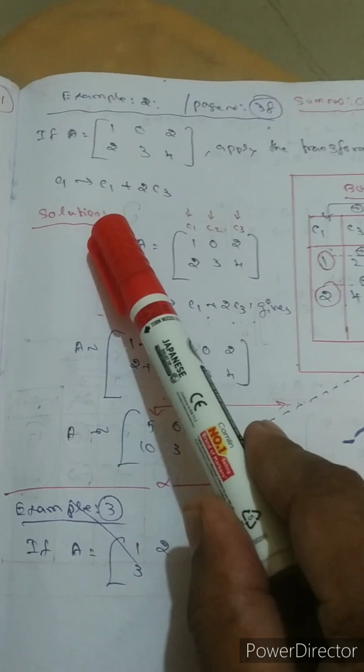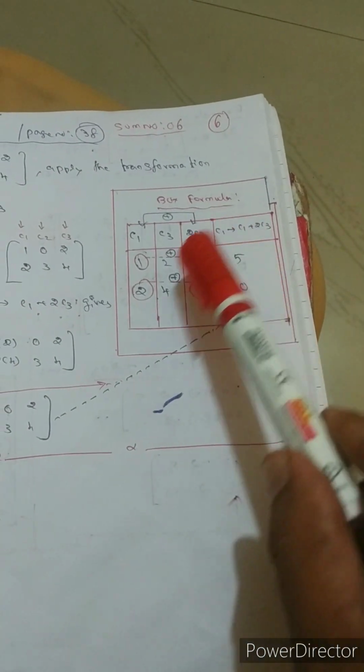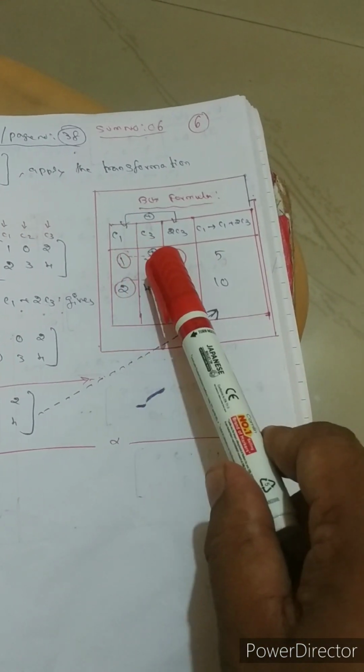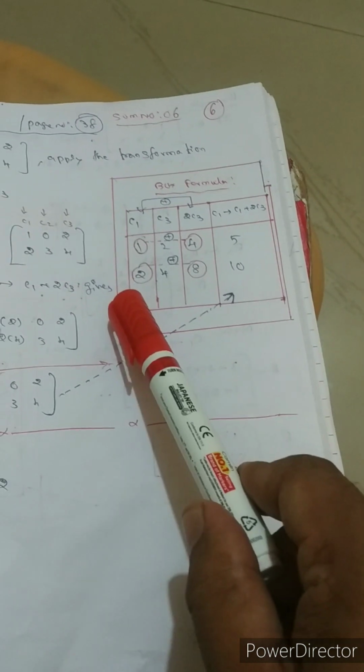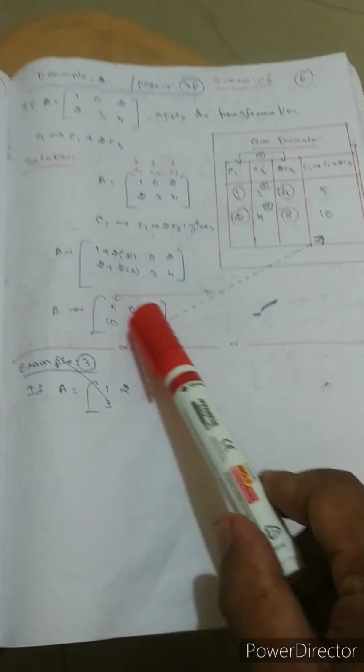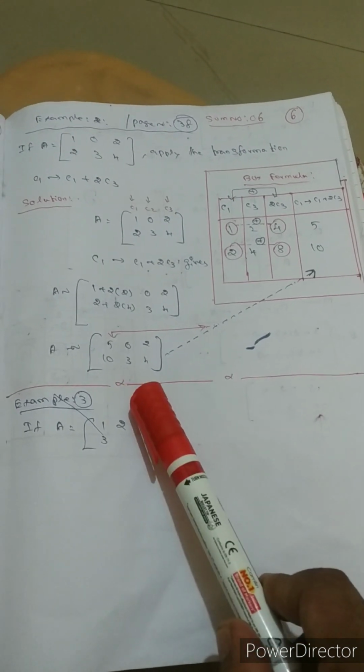Here I have written the solutions. C1 gives C1 plus 2C3. I have written here the box formula for this matrix, C1, C3, 2C3. Same like that, 1 plus 4, 5, 2 plus 8, 10. That answer I have written here for transformations.